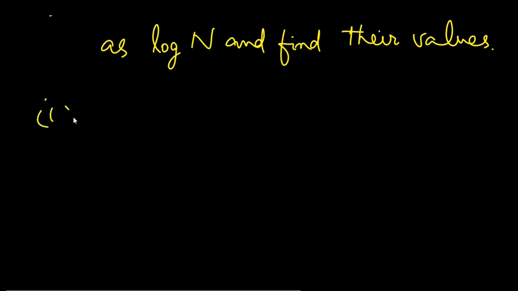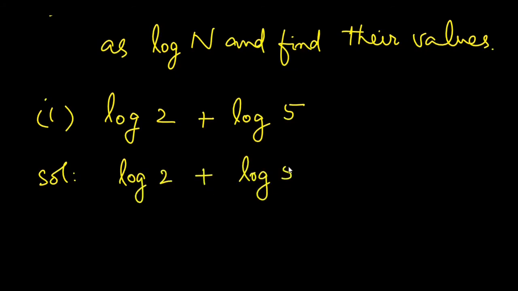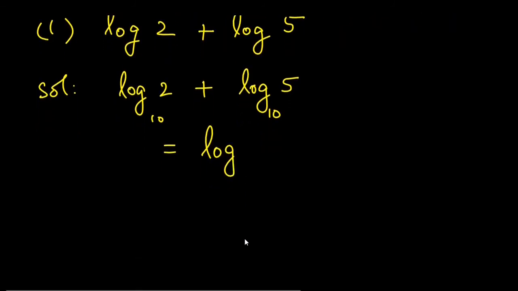First one, log 2 plus log 5. When base is not mentioned, the base is 10. Log 2 plus log 5 to the base 10 is equal to, now we'll apply product rule.